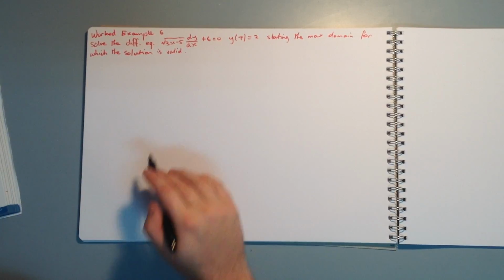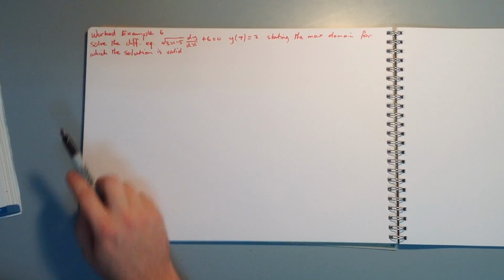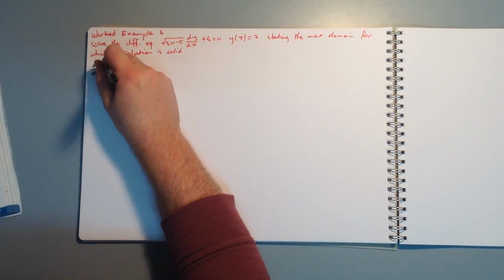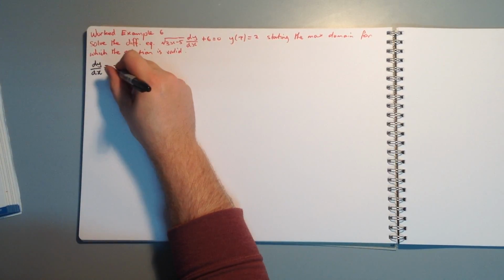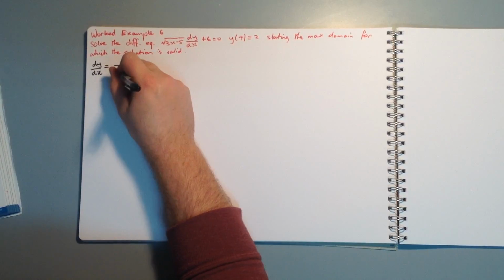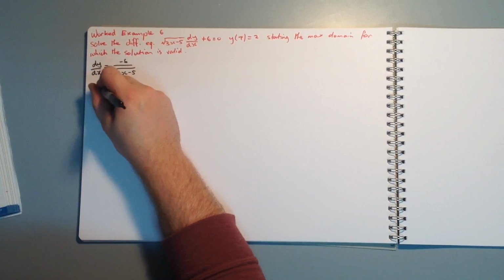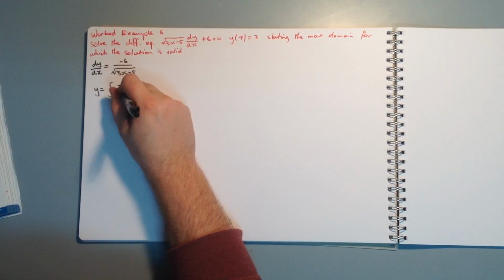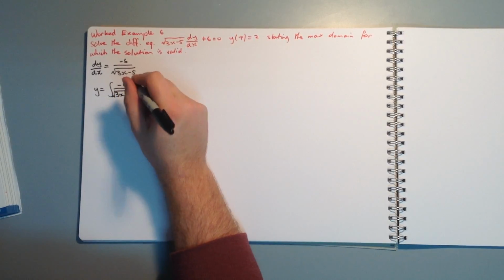So what we're going to do is rearrange. We're going to take away 6 and divide by our square root part here. So we can straight away say dy dx is equal to minus 6 over the square root of 3x minus 5. Which means y is equal to the integral of minus 6 over the square root of 3x minus 5 dx.